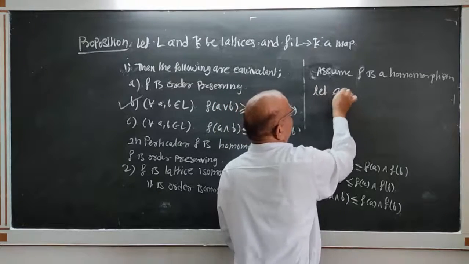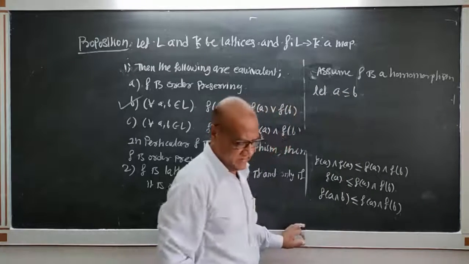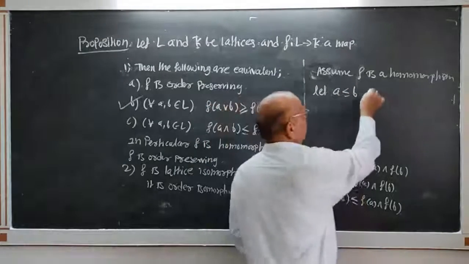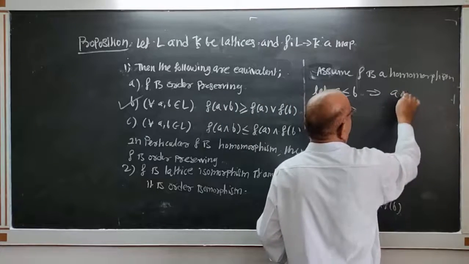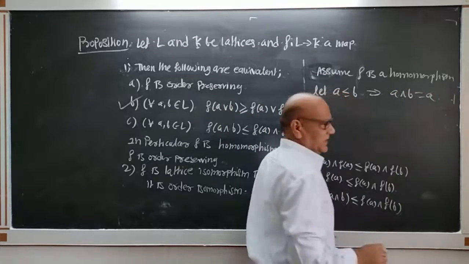Let a be related to b. This implies, by the connecting lemma, a meet b is equal to a.